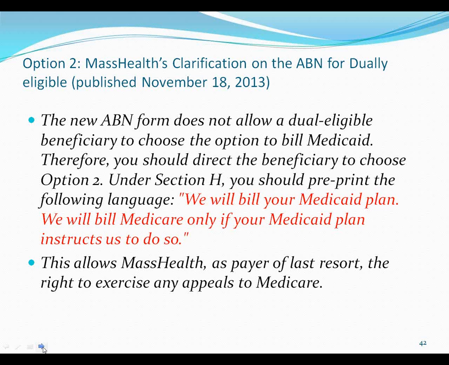We will bill your Medicaid plan. We will bill Medicare only if your Medicaid plan instructs us to do so. What this is allowing for is Mass Health to stay the payer of last resort, and it also gives them the right to exercise any appeal rights to Medicare because they put it in the additional information section.